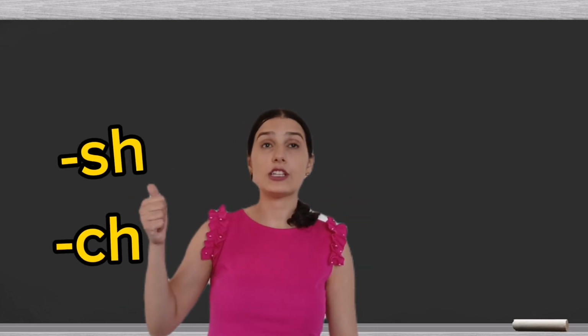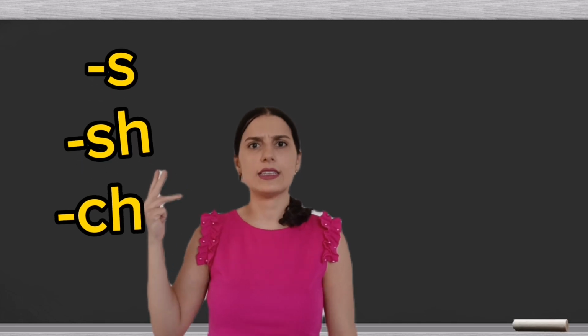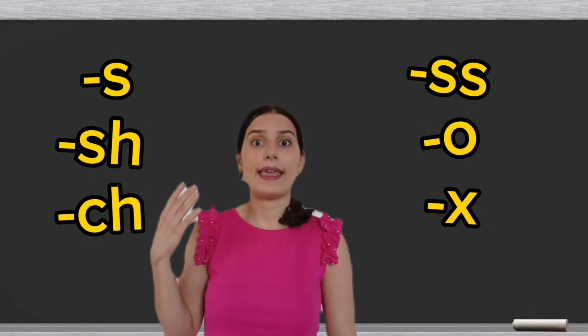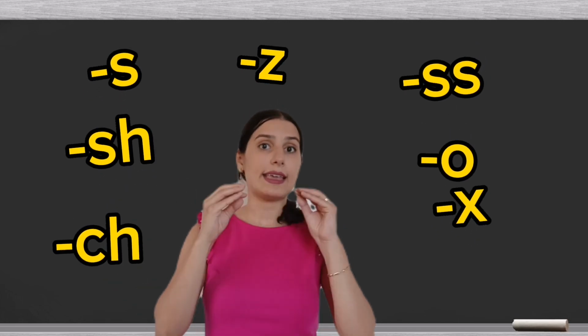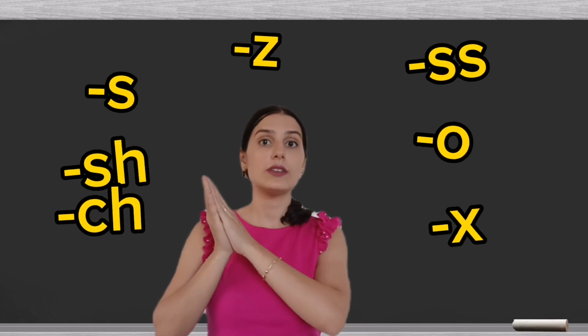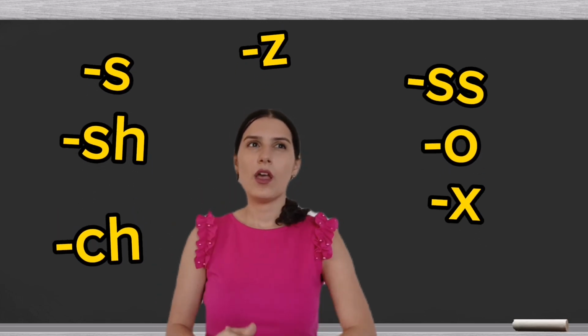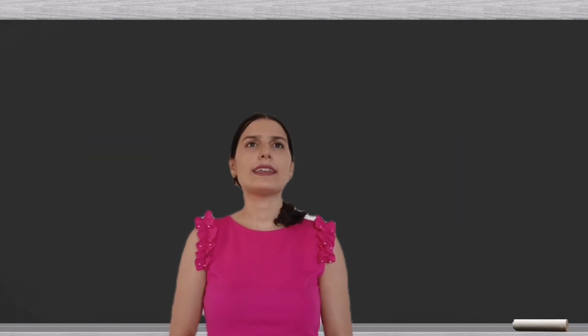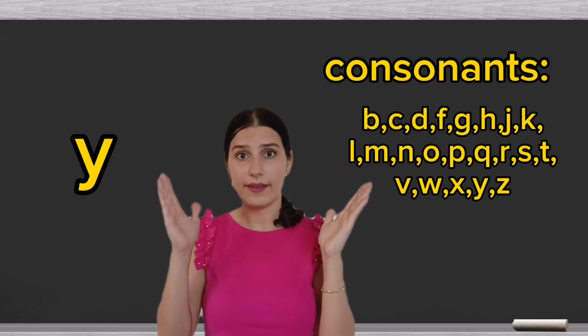Okay, so the verbs that end in CH, SH, S, double S, O, X, and Z take ES in the third person singular. But what if we have a verb that ends in a consonant and Y?